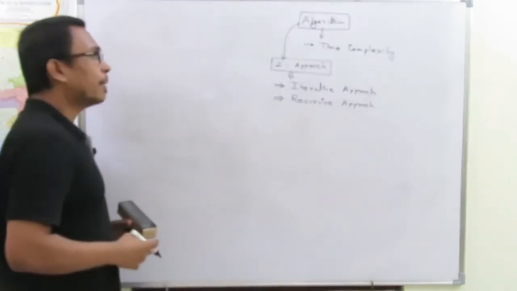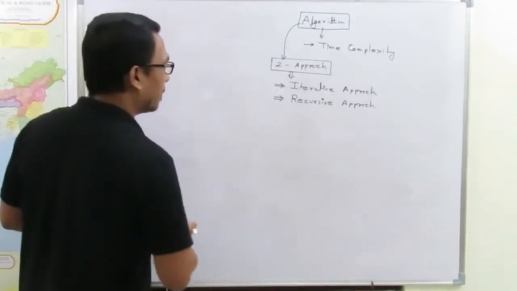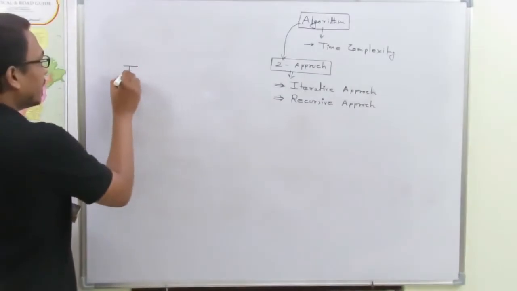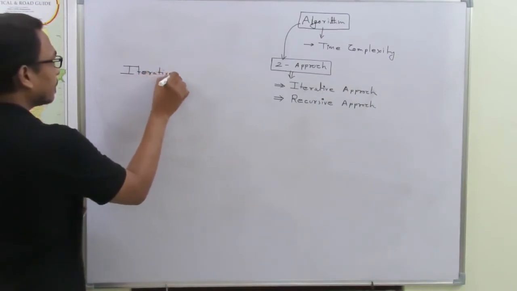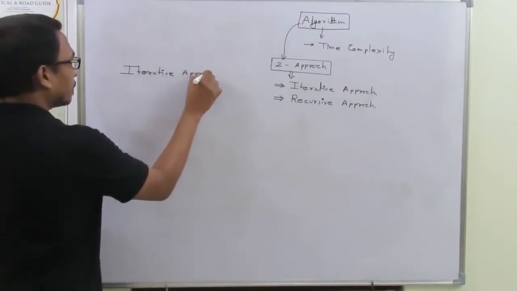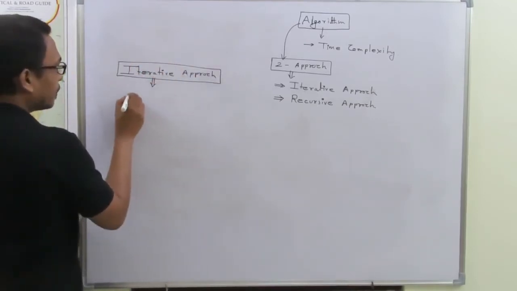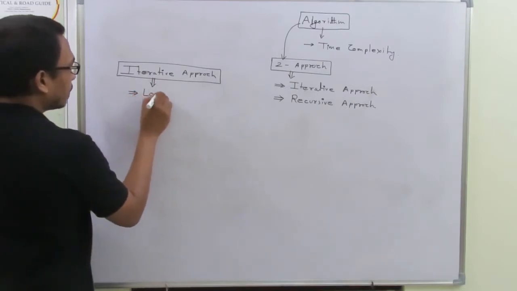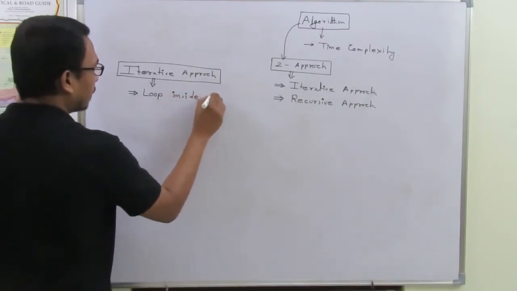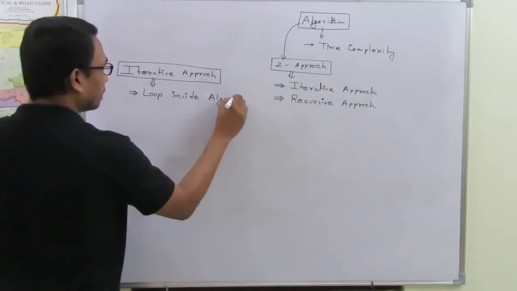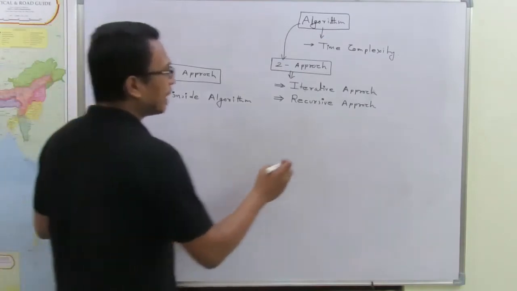Now, what is the iterative approach and what is the recursive approach? So, let's start with the iterative approach. In case of the iterative approach for an algorithm, we will use a loop inside the algorithm. And what happens in case of the recursive approach?